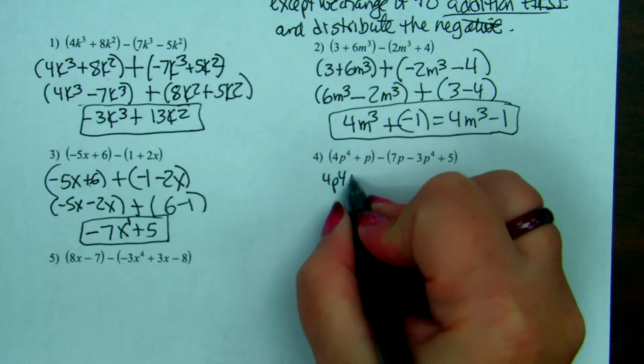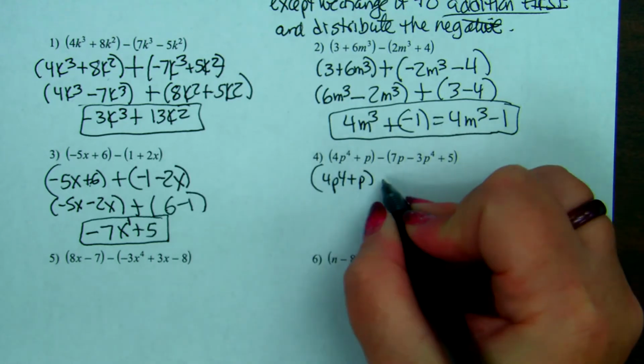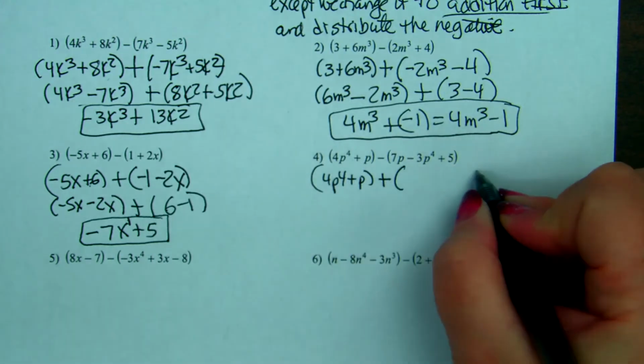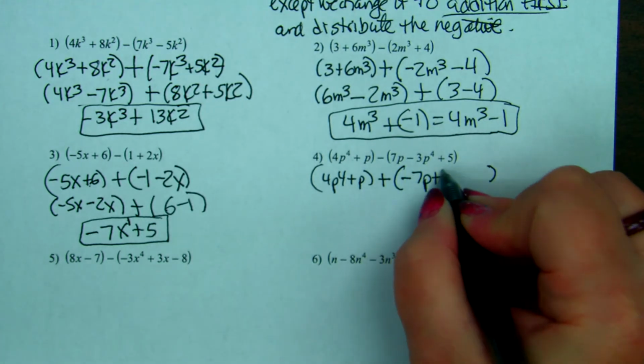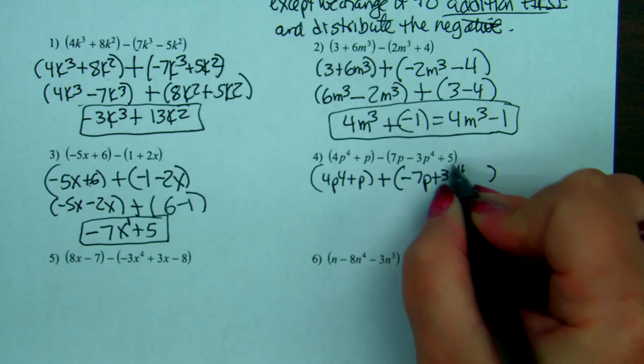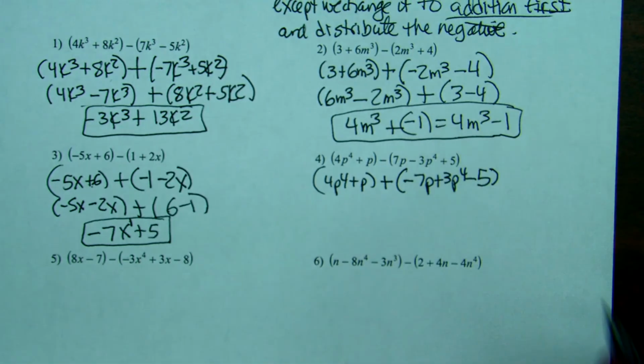4p to the 4th plus p, plus, and then change the signs of the ones inside. Negative 7p, this is a negative, plus 3p. This is a positive, minus 5.